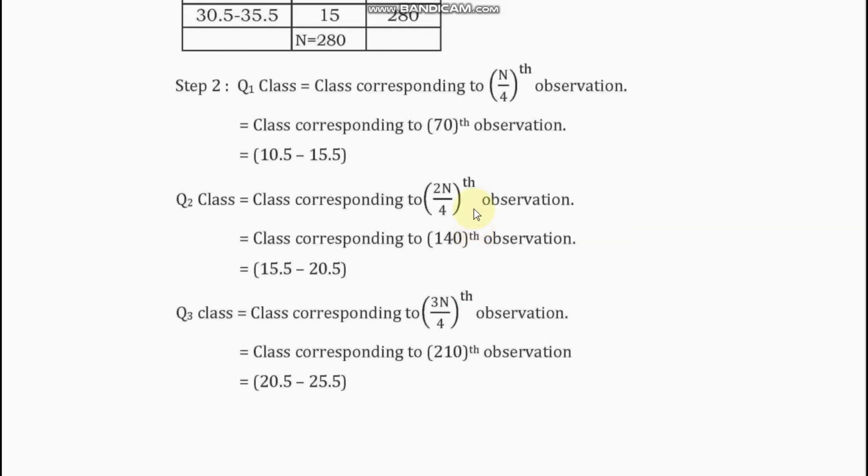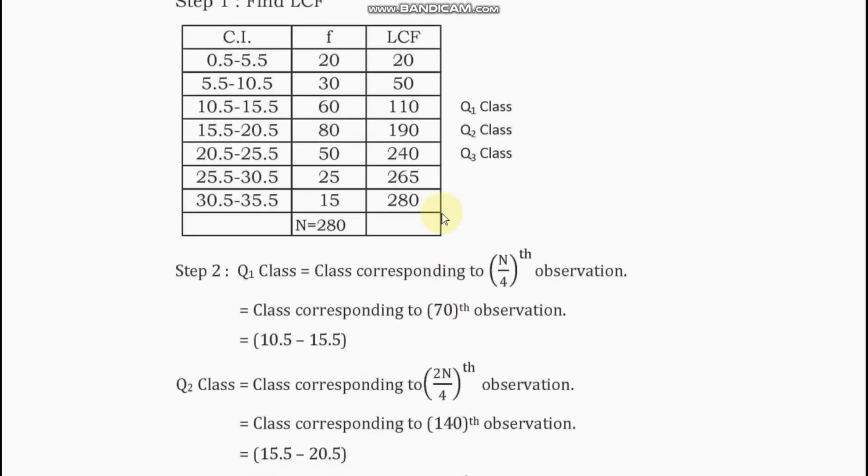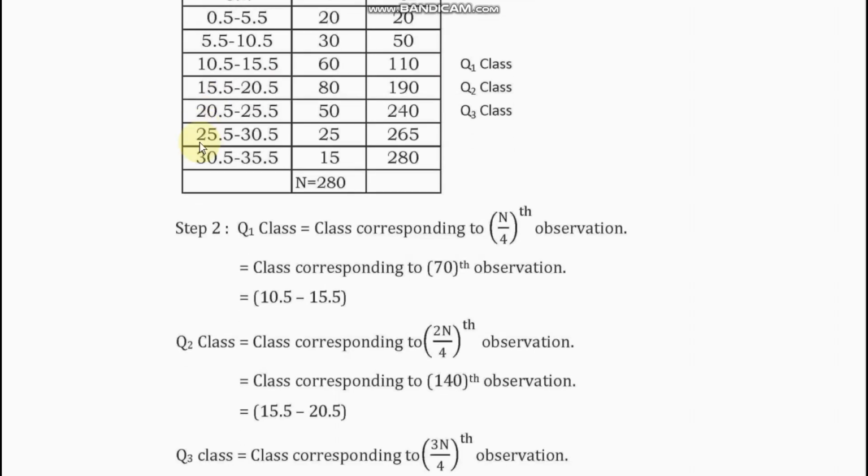Similarly, we go for Q2. For Q2, we have to locate the class first. That is the 2 into n by 4th observation, that is 280 into 2, 560 divided by 4, which is 140. So the value 140 falls in the cumulative frequency where 190 is the next highest value. The class corresponding to it is 15.5 to 20.5.